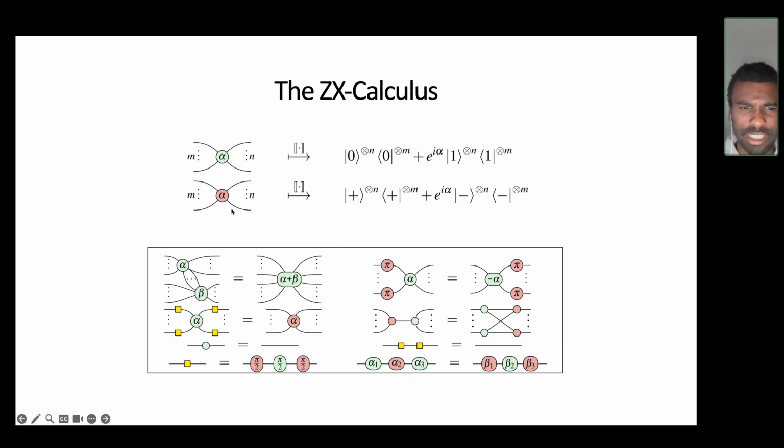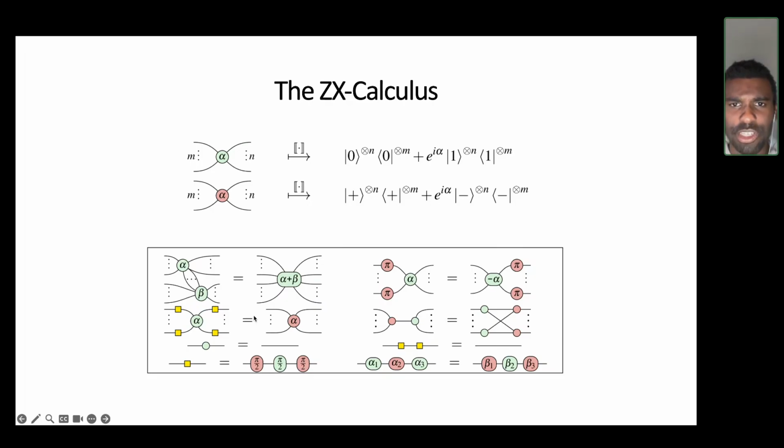Hand waving a little bit to save time, you can rewrite diagrams from one form to another while still representing the same linear map, just by using these rewrite rules in the box. So you can fuse spiders together. You can change the color. This yellow here represents a Hadamard gate. Yes, one wire is one qubit.